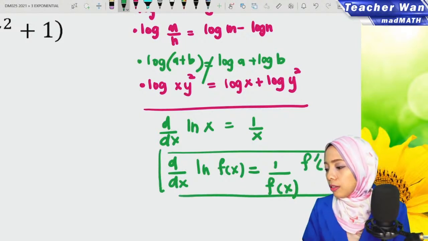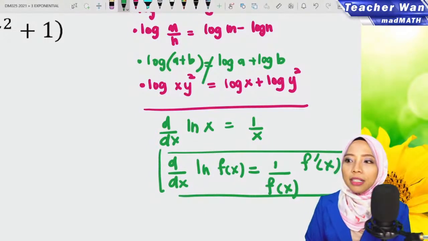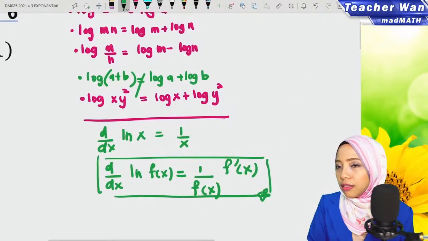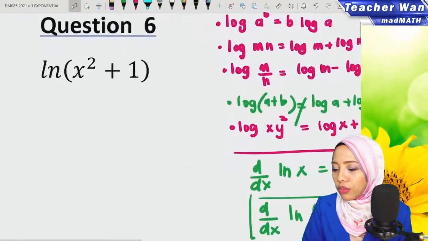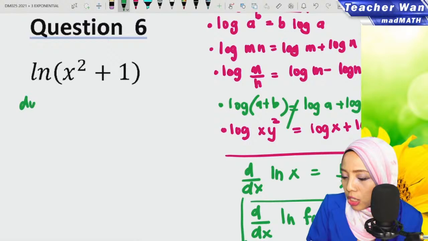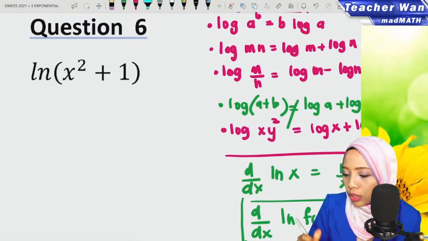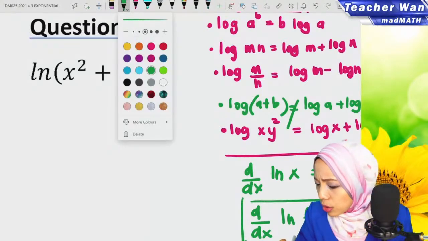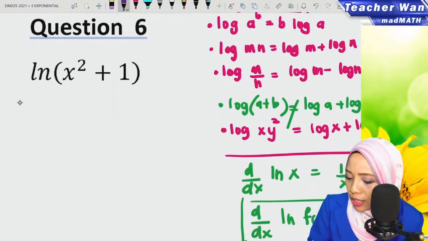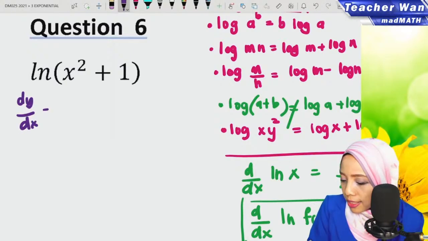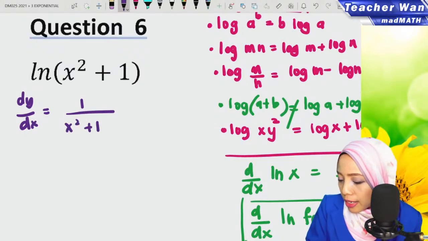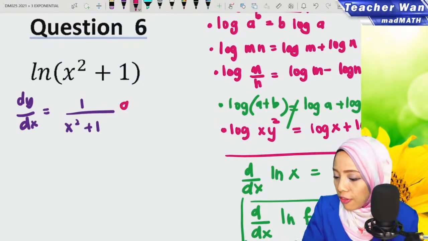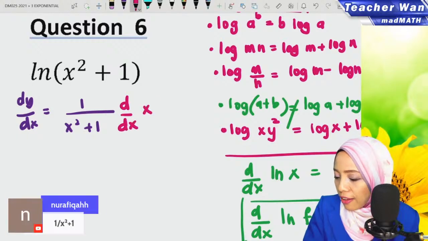Okay, take note. Alright, if everyone is ready, we are going to solve question 6. Okay, dy over dx is equal to 1 over, copy the function x square plus 1, and then multiply with the derivative of f(x).